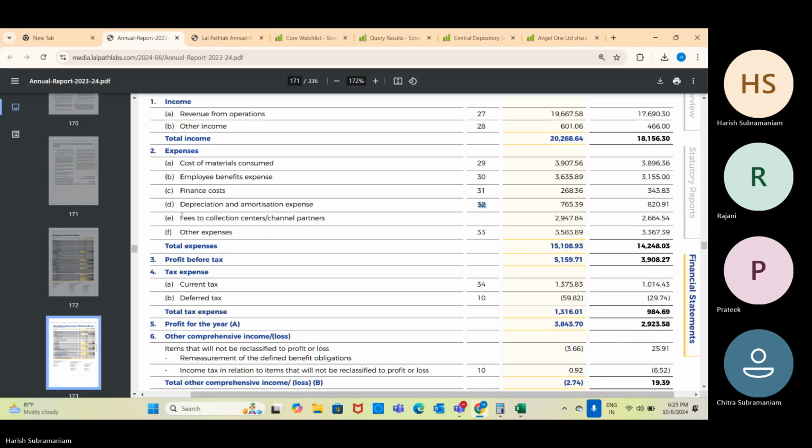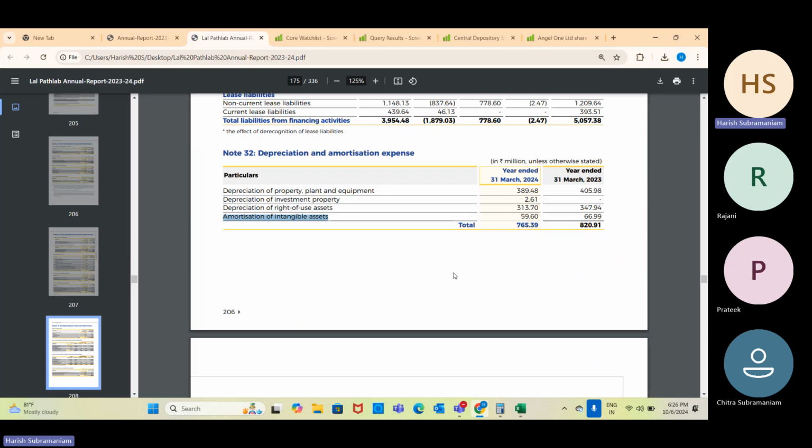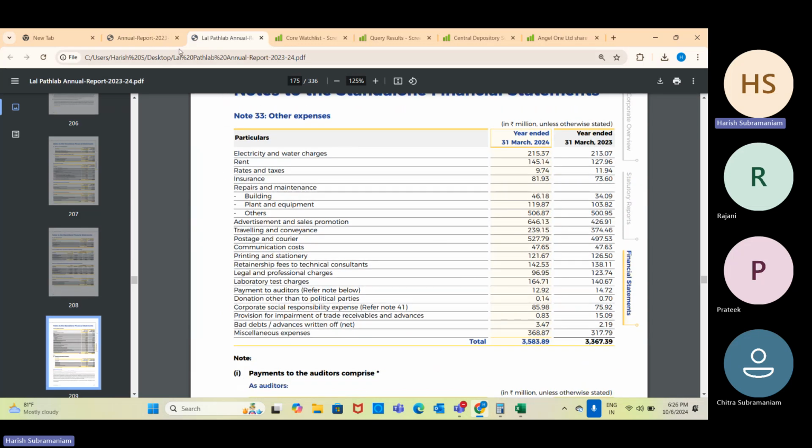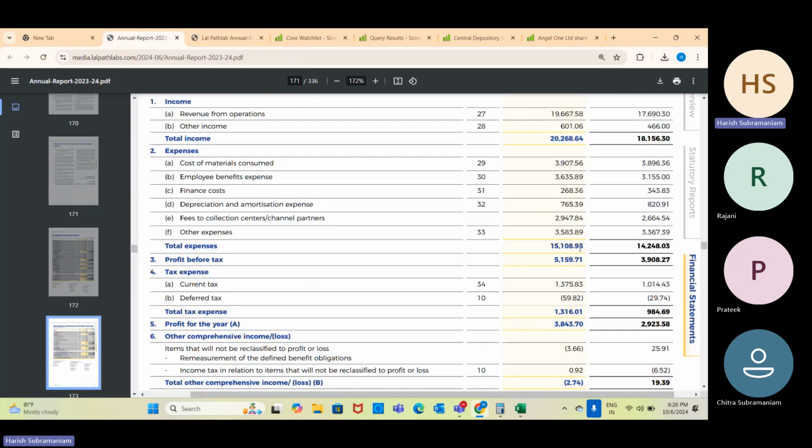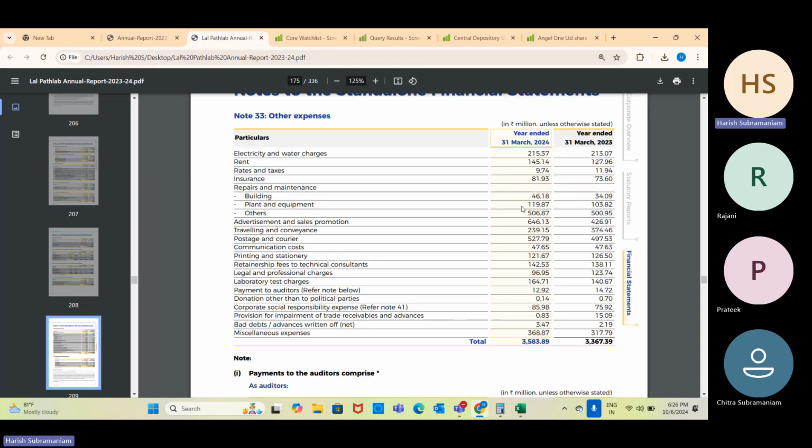Then fees to some centers, channel partners. I think they are paying some fees. And then they have other expenses, which is note 33. So we come to other expenses. What are all these other expenses for which they have spent 3,583 million rupees?